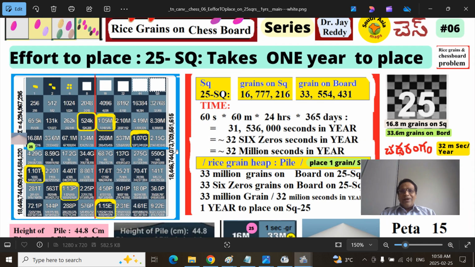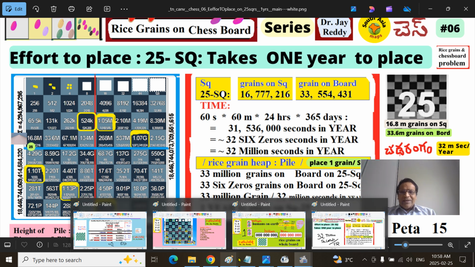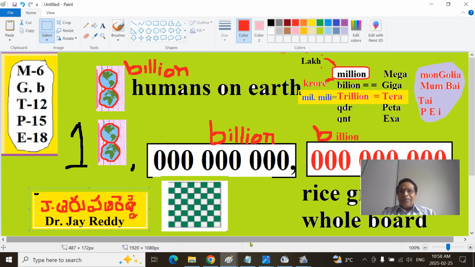Remember, we are only on the 25th square, or perhaps the 26th square, that is 33 million grains. We have to navigate to the 64th square. How many grains in the 64th square do we have? We discussed this, it is very easy. There are 8 billion people on planet Earth in 2022 or so.